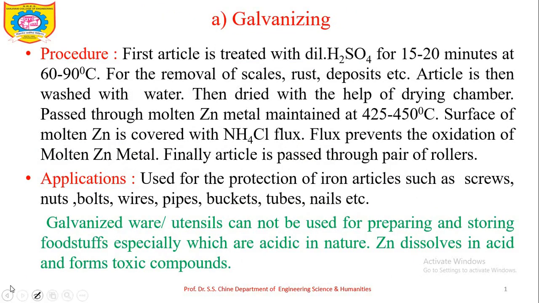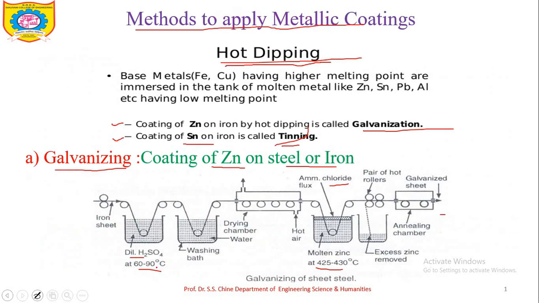Now see here the procedure, how it works. In this method, the article to be coated is first cleaned using dilute H2SO4 for about 10 to 15 minutes at 60 to 90 degrees centigrade. Why treat this? To remove the scales or impurities.